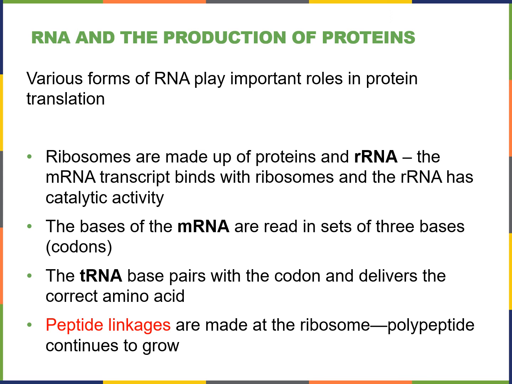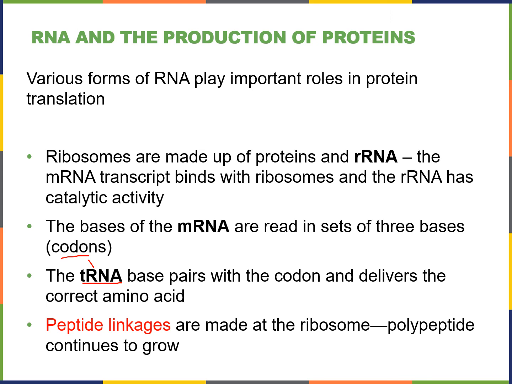They will read down every 3. Every 3 calls for a different amino acid. That amino acid is going to be chaperoned in by tRNA. Every codon present will have a specific tRNA that goes with it. How that works, we'll talk about in a later chapter.